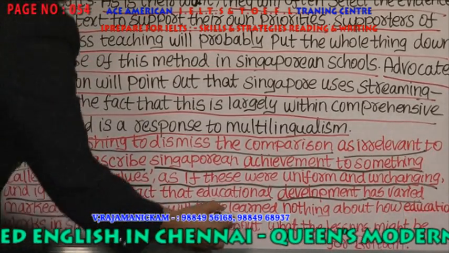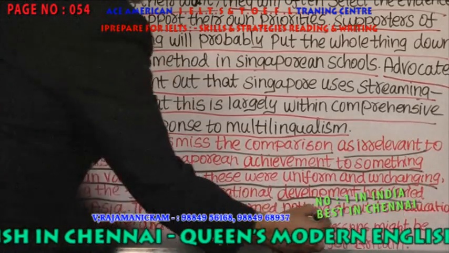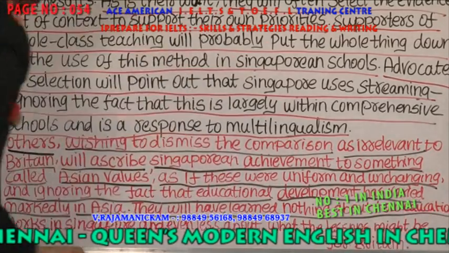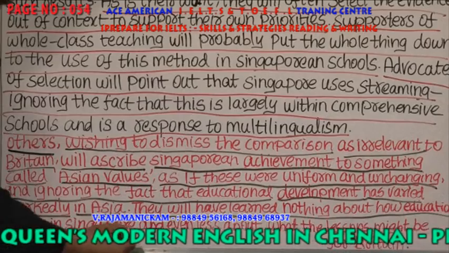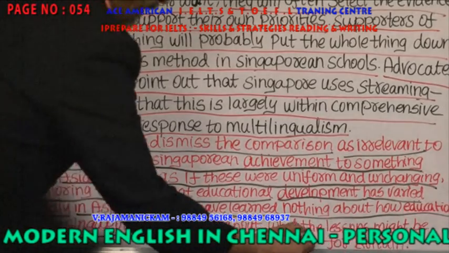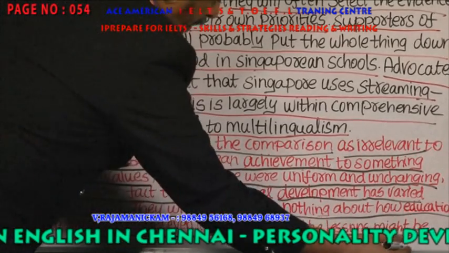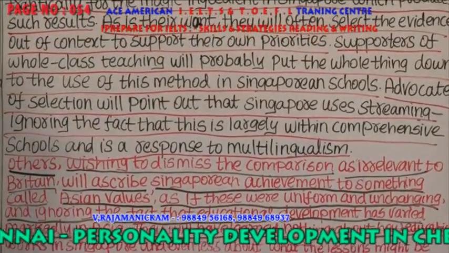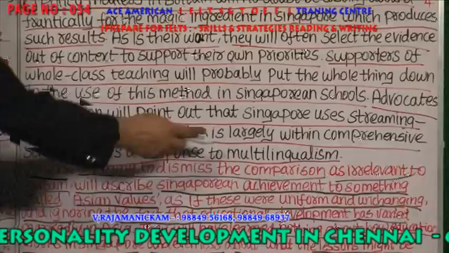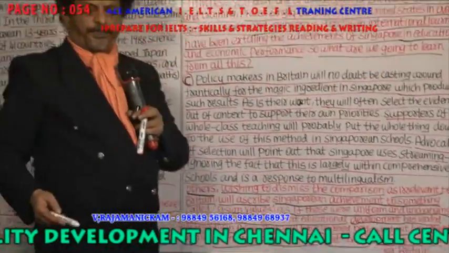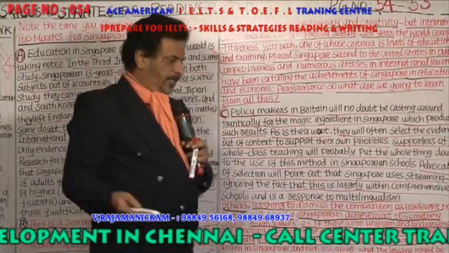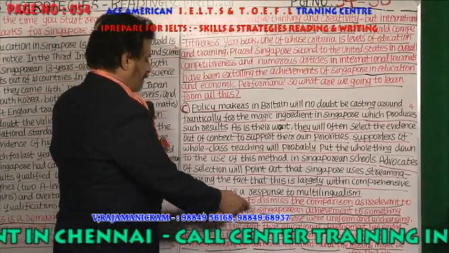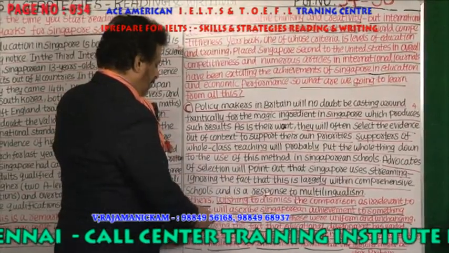They will have learned nothing about how education works in Singapore, and even less about what the lessons might be for Britain. So, here what does it say? Others wishing to dismiss the comparison as irrelevant to the educational methodology of Britain will ascribe Singaporean achievements to something called Asian values.